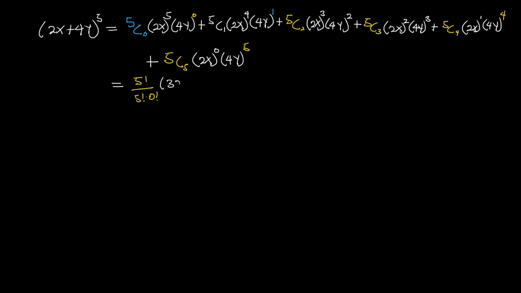This is multiplied by 2 raised to the power 5 is 32x^5 times 4y raised to the power 0 is 1 plus we have 5 factorial over 5 minus 1 is 4 factorial times 1 factorial, and this is multiplied by 2 raised to the power 4 is 16x^4 times 4y plus 5 combination 2 is 5 factorial over 5 minus 2 is 3 factorial times 2 factorial.